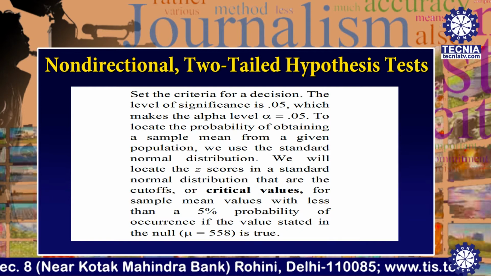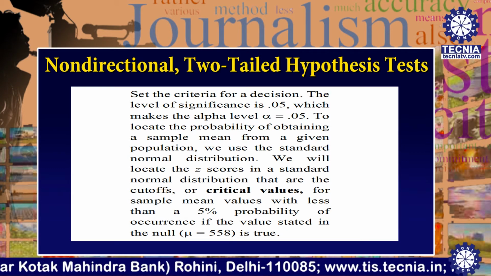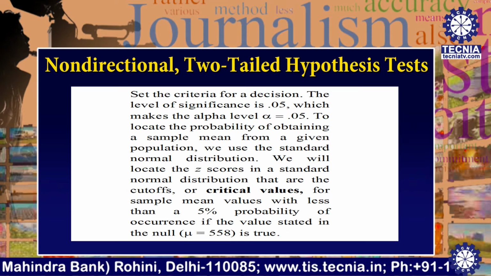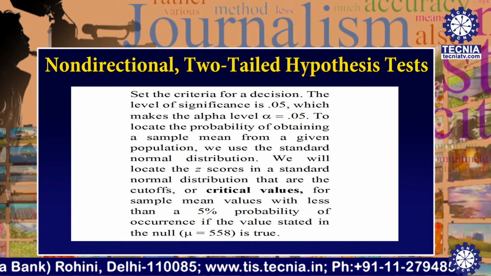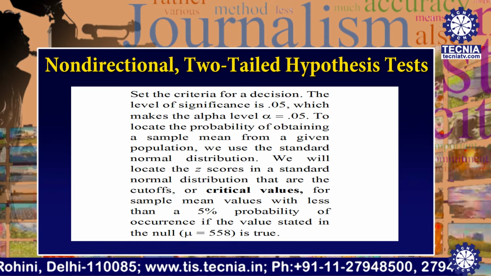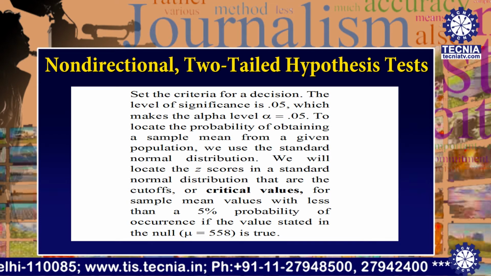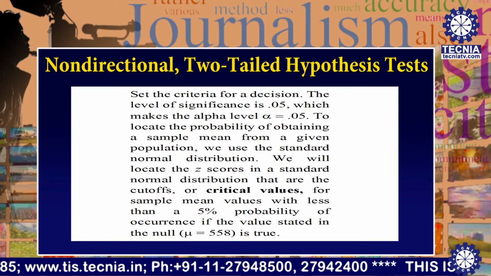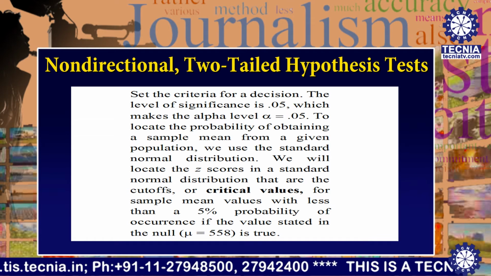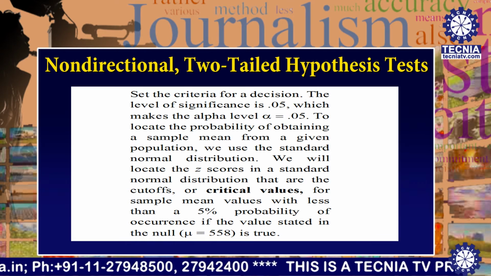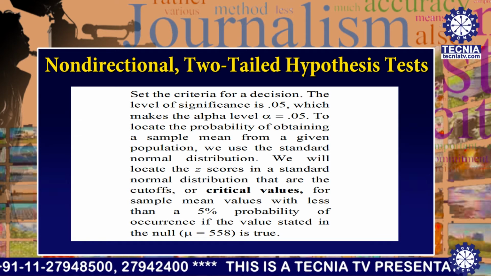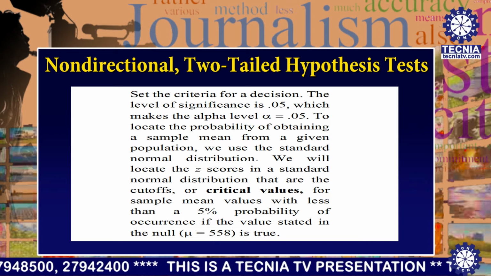Step 2 is to set the criteria for a decision. The level of significance is 0.05, which makes the alpha level alpha equal to 0.05. To locate the probability of obtaining a sample mean from a given population, we use the standard normal distribution.